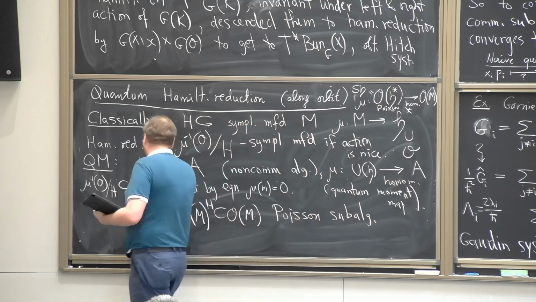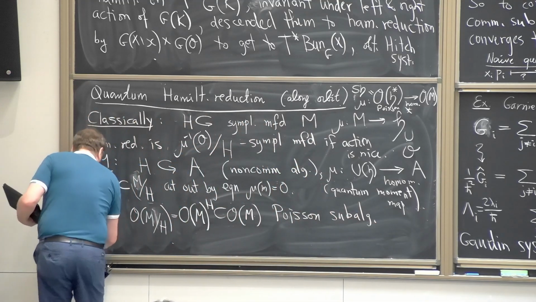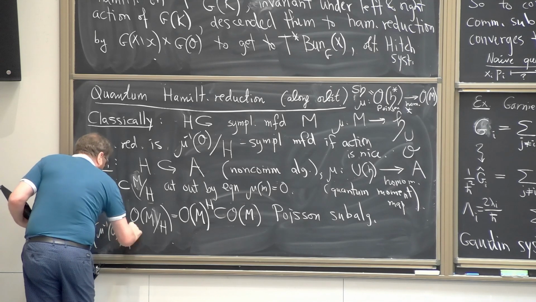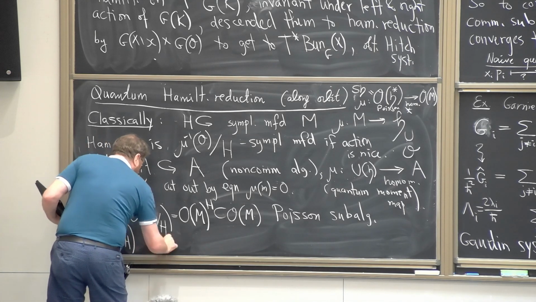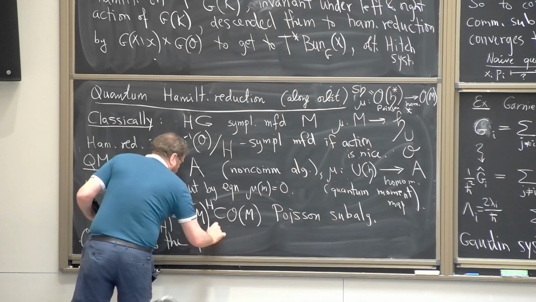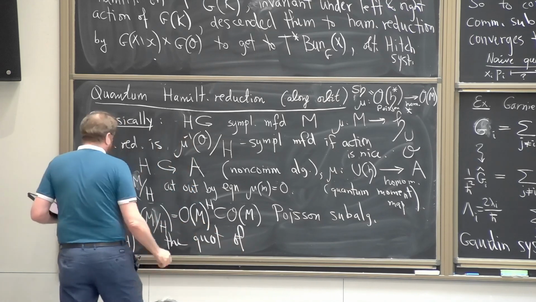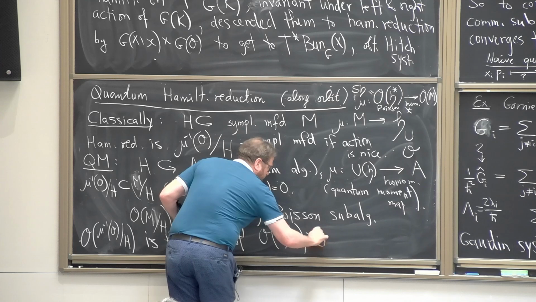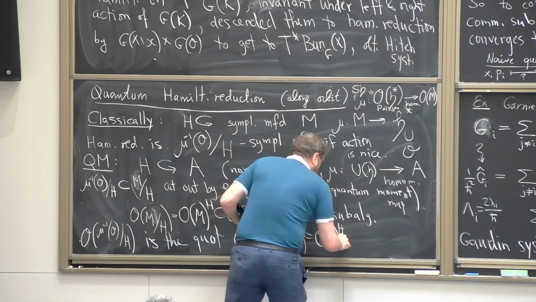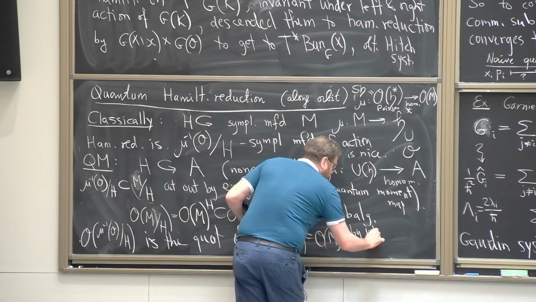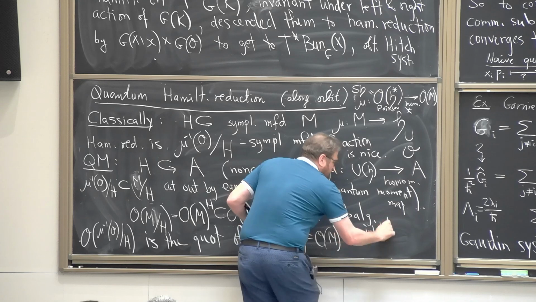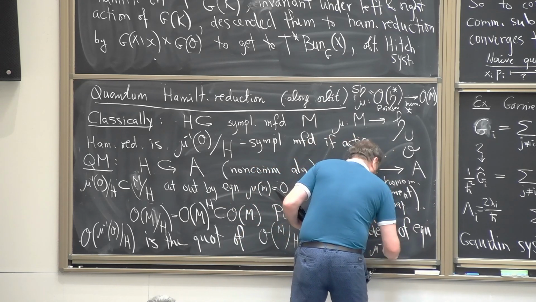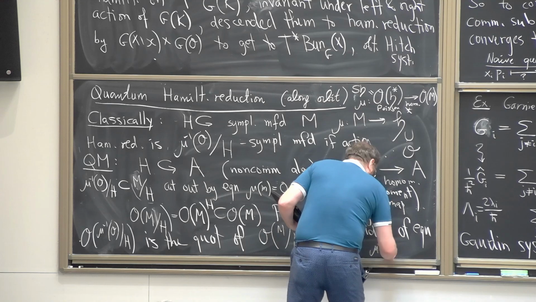And then this procedure, so O of mu inverse of O over H is the quotient of O of M over H, which is O of M to the H, by the ideal of the equation mu of m equals 0.